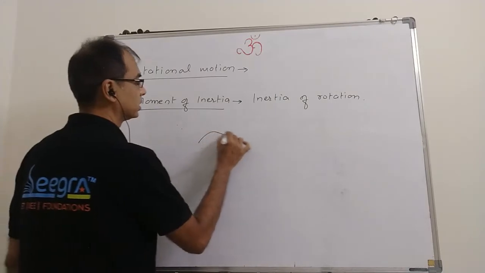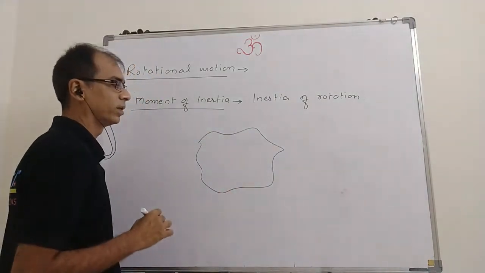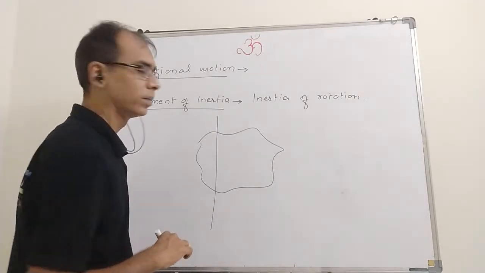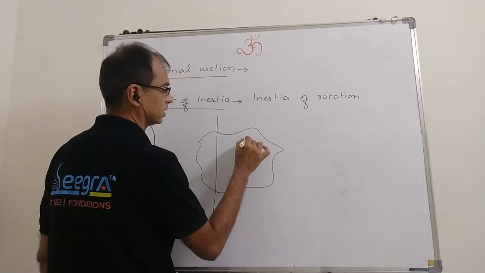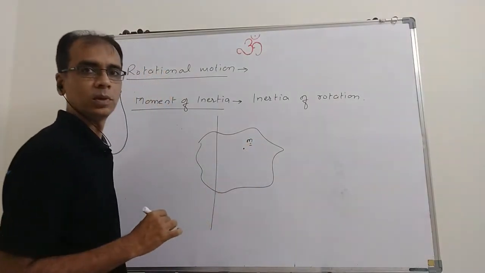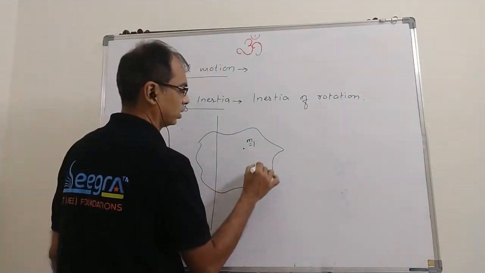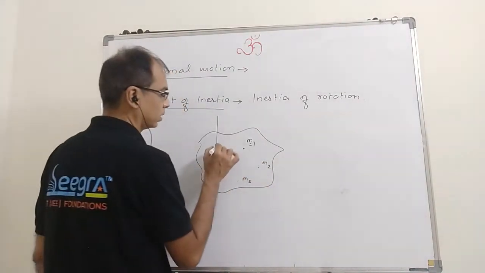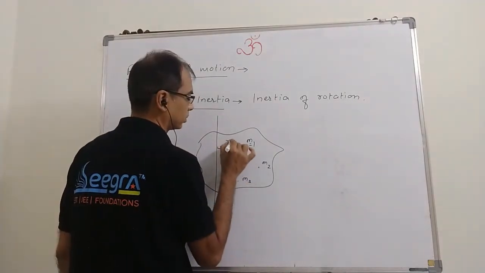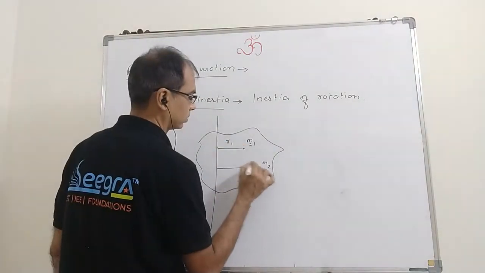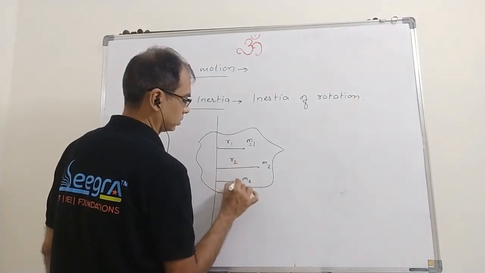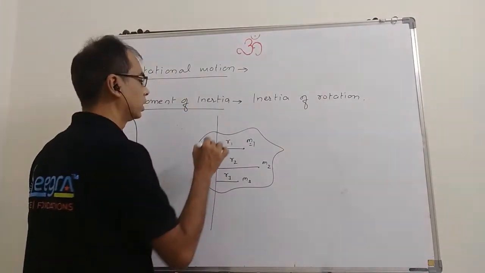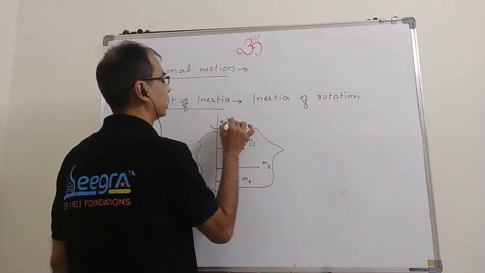Suppose this is the body about which we are going to rotate, and here is some mass m, or you can take many masses, m1, m2, m3, at distances from the axis of rotation r1, r2, and r3, and you are rotating them with angular velocity omega.